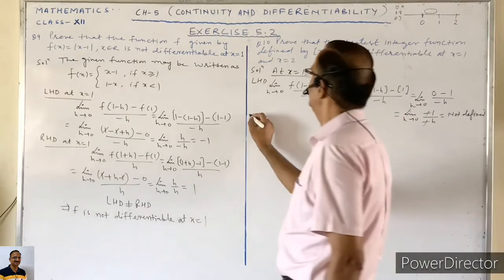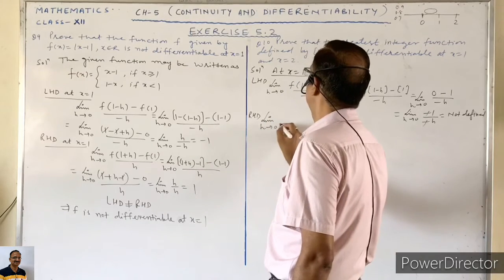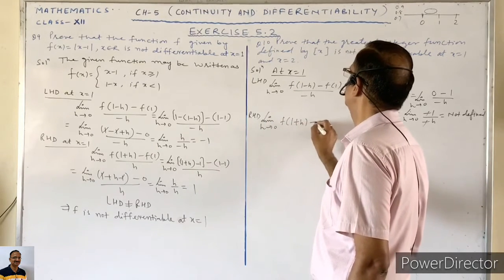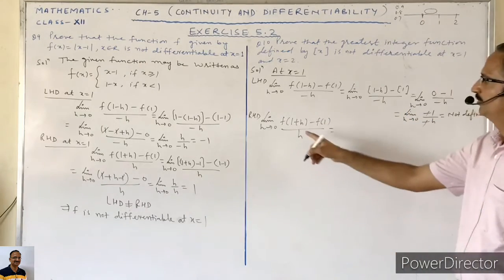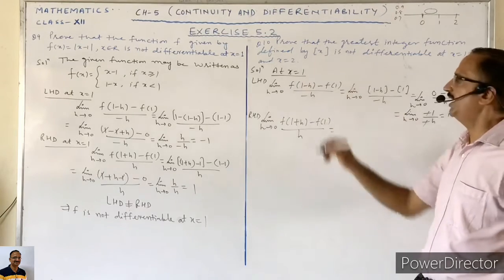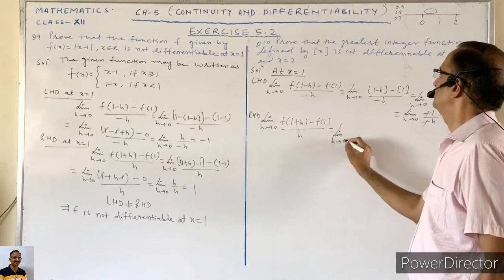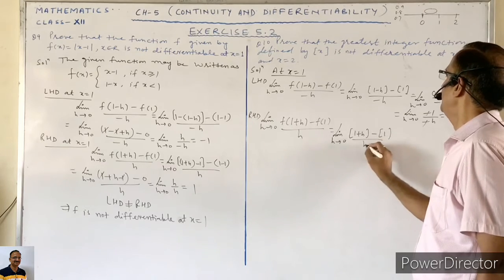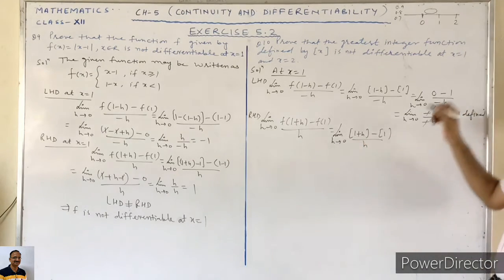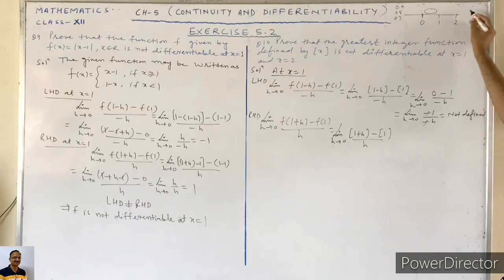Now right hand derivative. So we will write limit h tends to 0 of f(1 plus h) minus f(1) by h. Now put this value in place of x in the function, then this is limit h tends to 0 of [1 plus h] minus [1] by h. Now 1 plus h means somewhat more than 1, either 1.1, 1.2, 1.3.